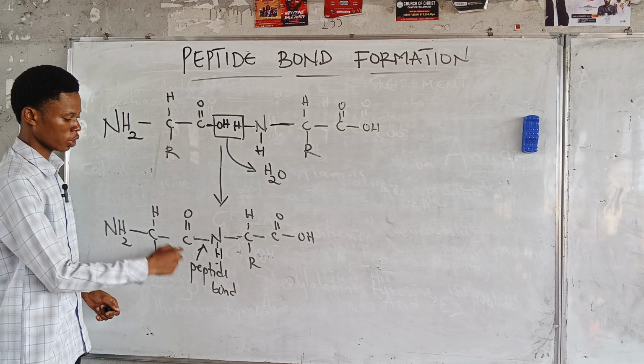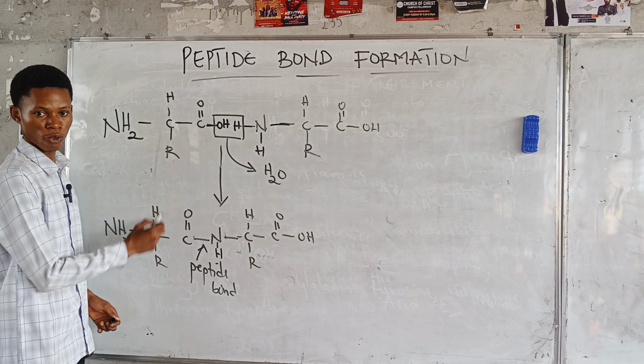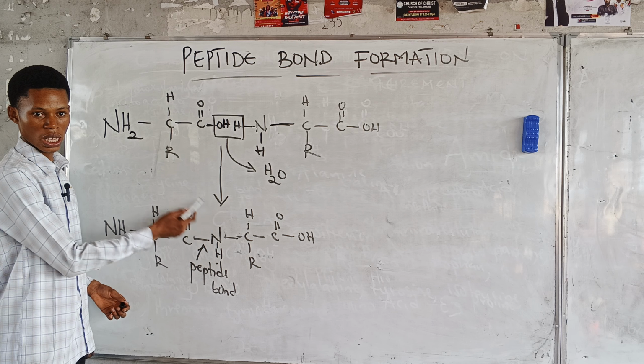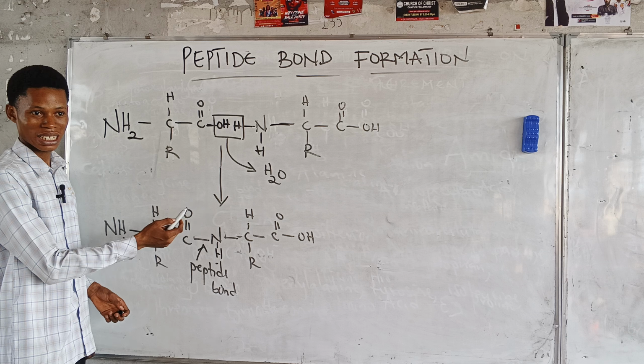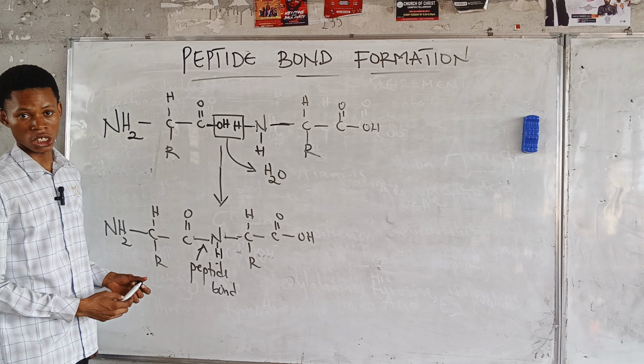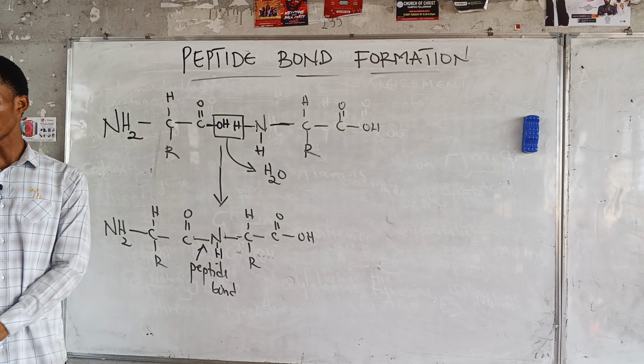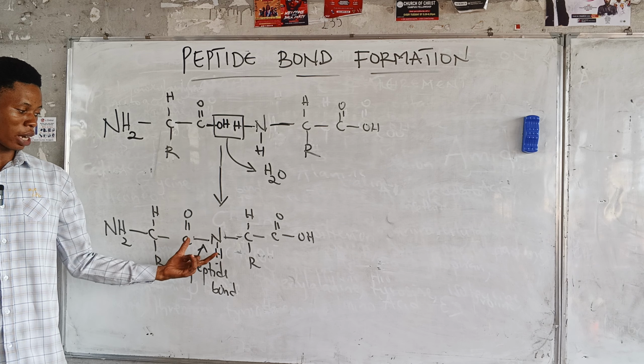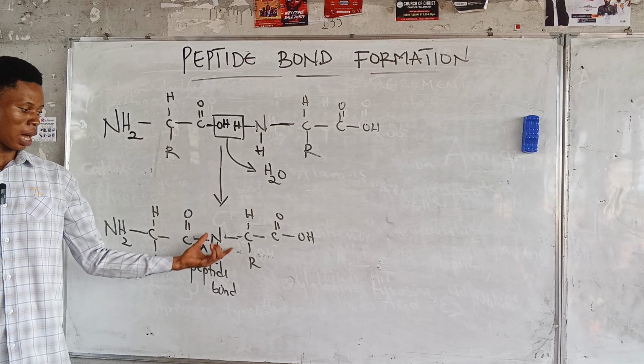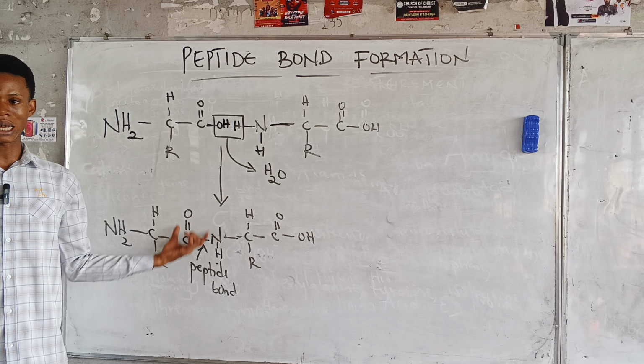First of all, look at this stuff here. What functional group is this? Amide, right? So this is an amide linkage also. So if you don't call it a peptide bond, you can call it an amide linkage, because amide is present. Remember, amide is an amino group and a carbonyl carbon.